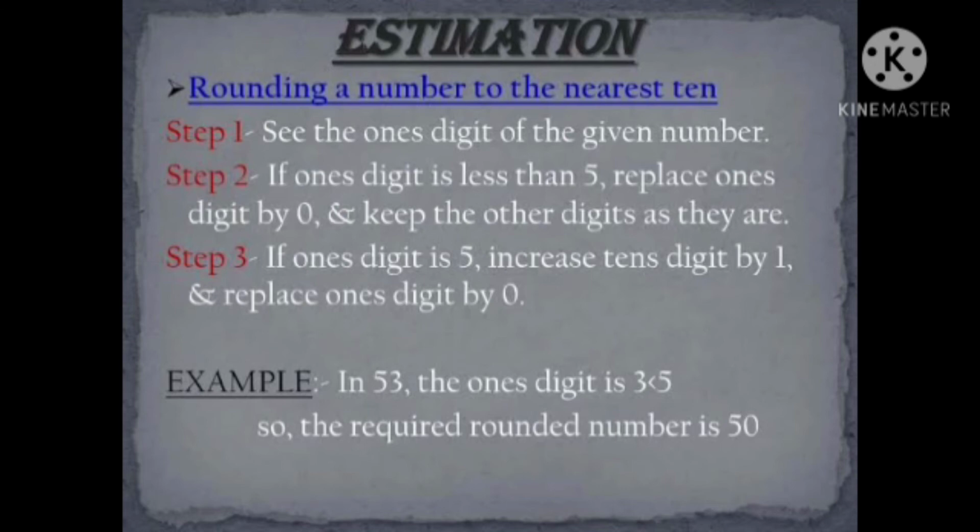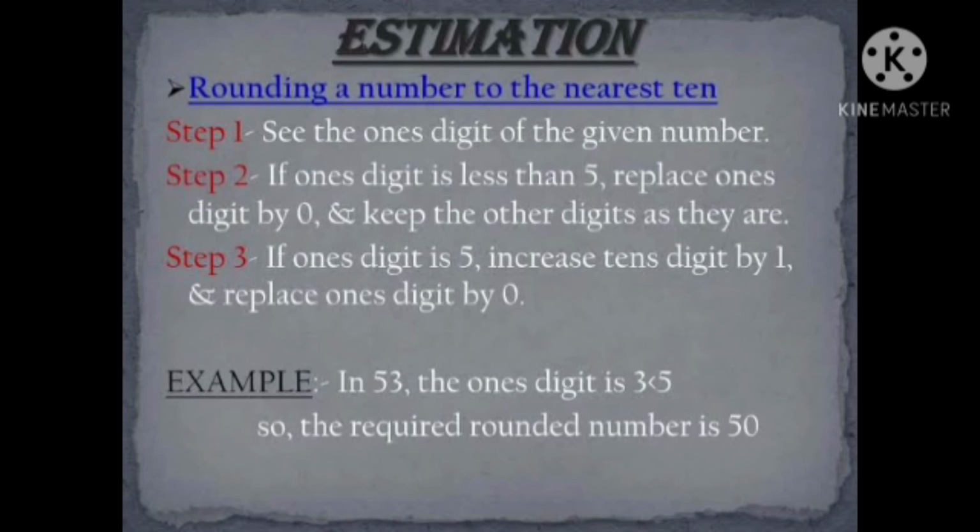If it is less than 5, you round it to the previous, rounding a number to the nearest 10. See in example, it is given as 53. Step 1 is you have to see the ones place. Step 2 is if the ones place is less than 5, you replace that ones place by 0.